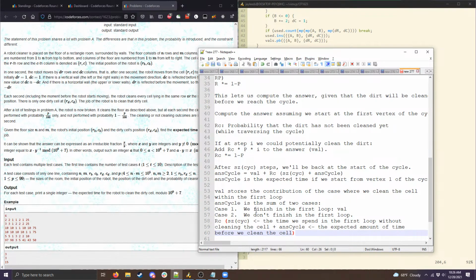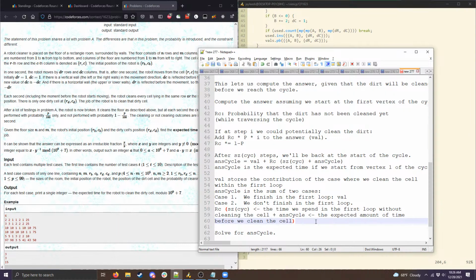The reason this is true is Ant's cycle is the expected amount of time if we start from vertex 1 of the cycle, and after we complete one loop, we're back to the first vertex of the cycle. We're back where we started. And so the expected value of the time it'll take for us to finish is the same as it was initially.